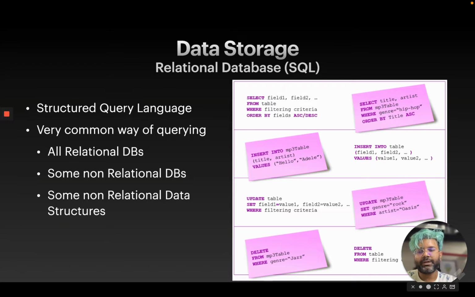But pretty much all relational databases have some form of SQL. There are some non-relational databases that let you perform SQL-like queries too. And there are some non-relational data structures that allow you to perform SQL-like queries as well. A Pandas data frame, for example, is simply a data structure that allows you to perform SQL-like queries on that particular data frame.